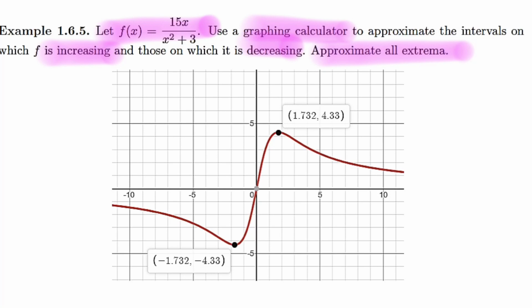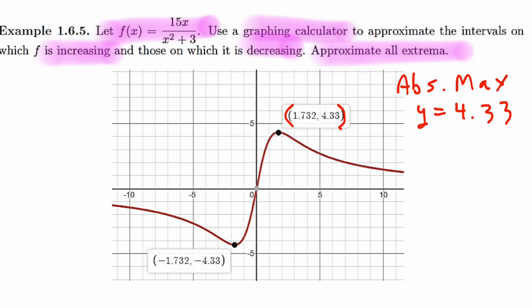Okay, so the absolute max, let me just abbreviate, occurs at this point here. So y is equal to 4.33 at an x value of 1.732, and this would be the coordinate pair.